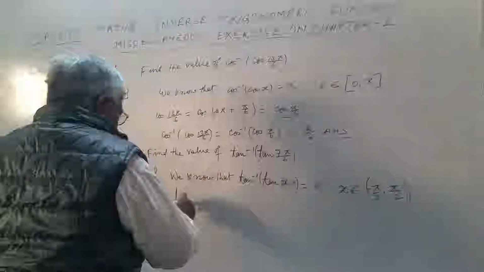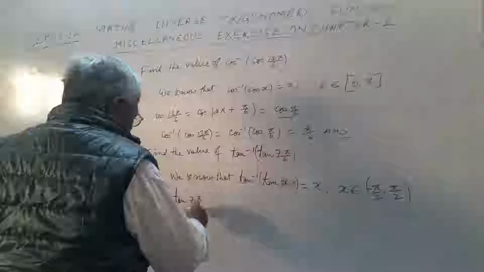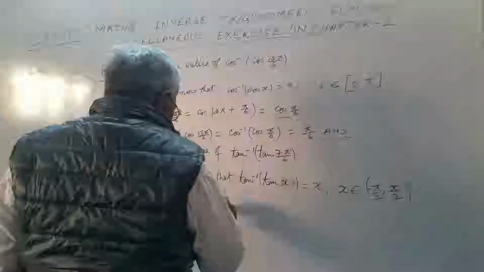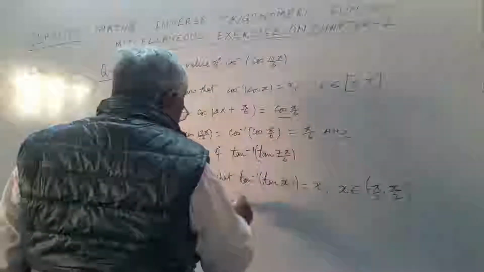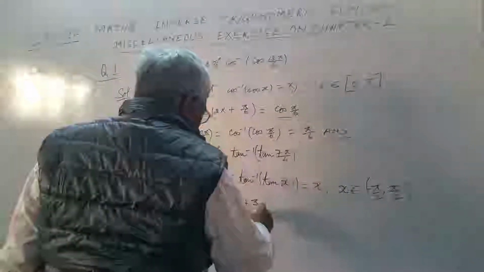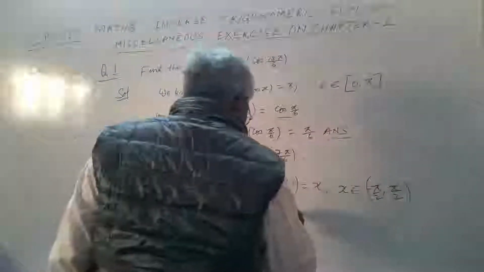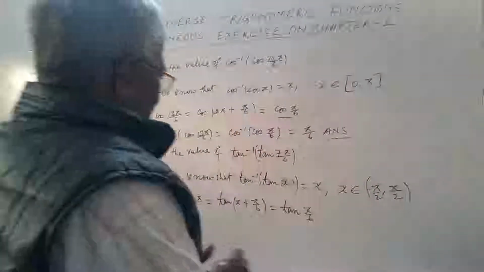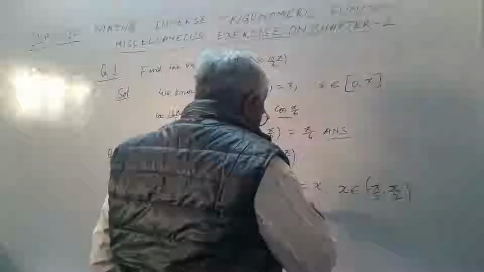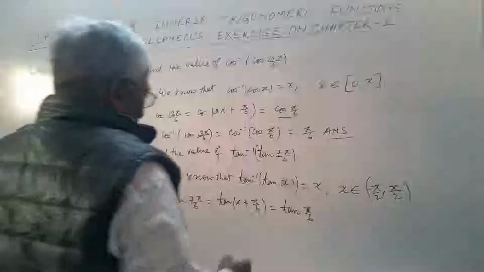Now tan 7 pi by 6 can be written as tan of pi plus pi upon 6, which can be written as tan pi by 6. This pi by 6 value is in between these two values.